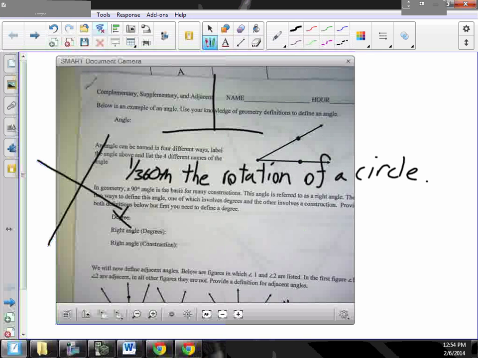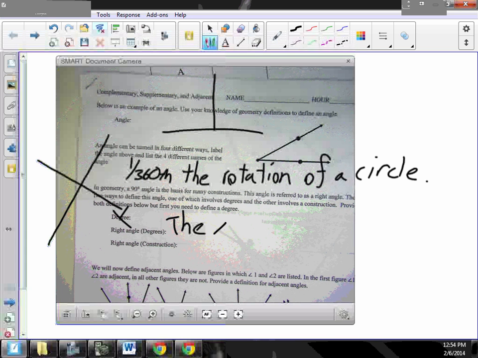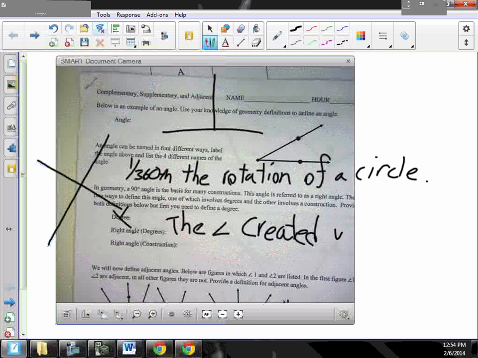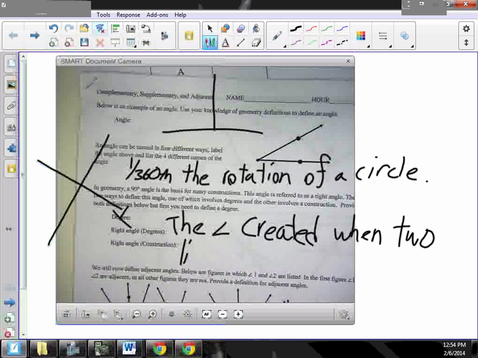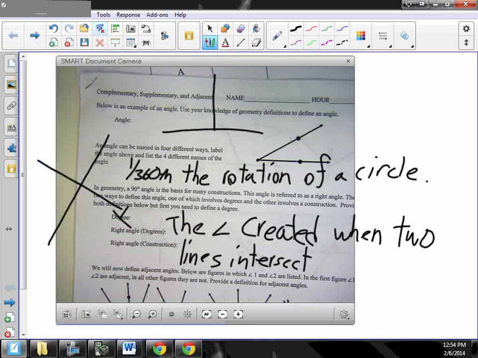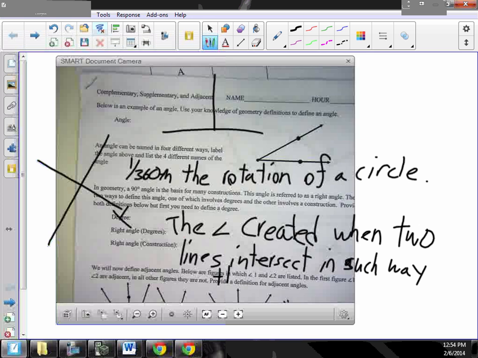So what we're going to say is, I better write this down, and I like symbols: the angle created when two lines intersect in such a way that all angles are equal or congruent.